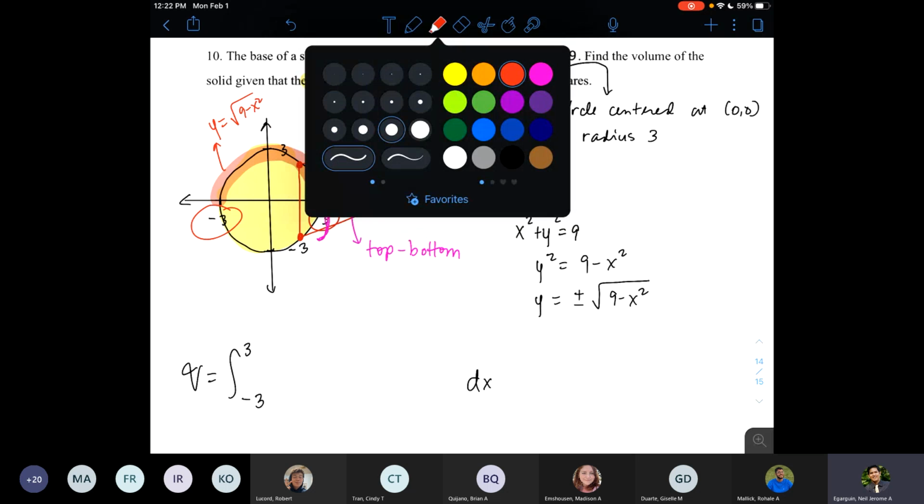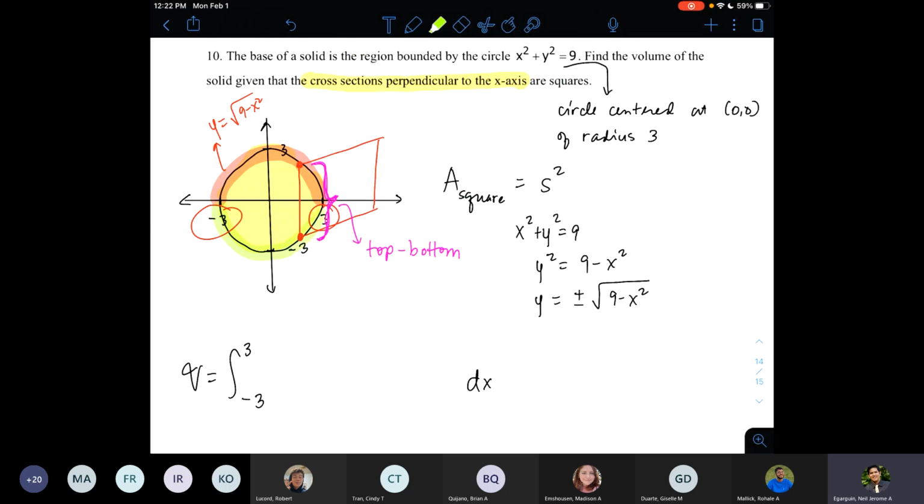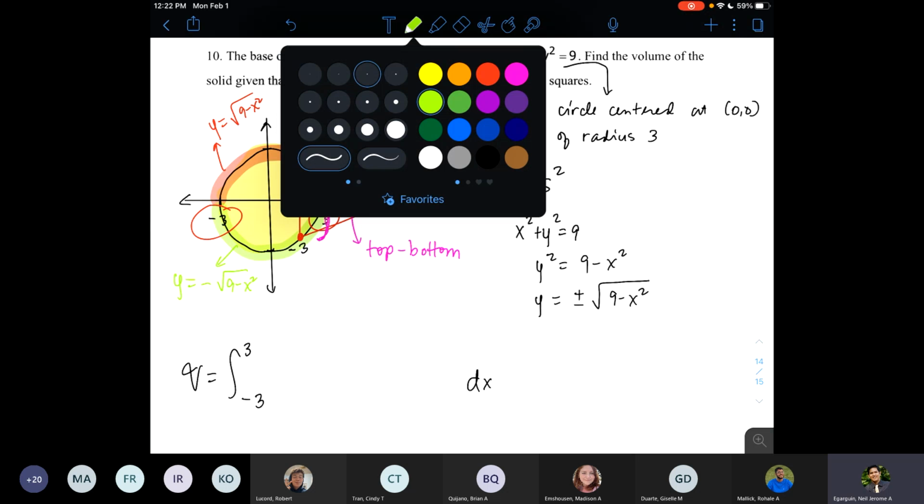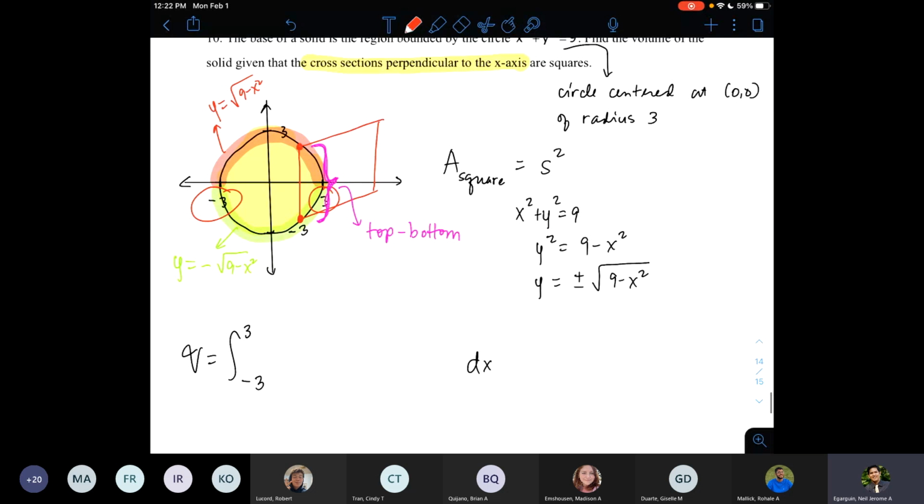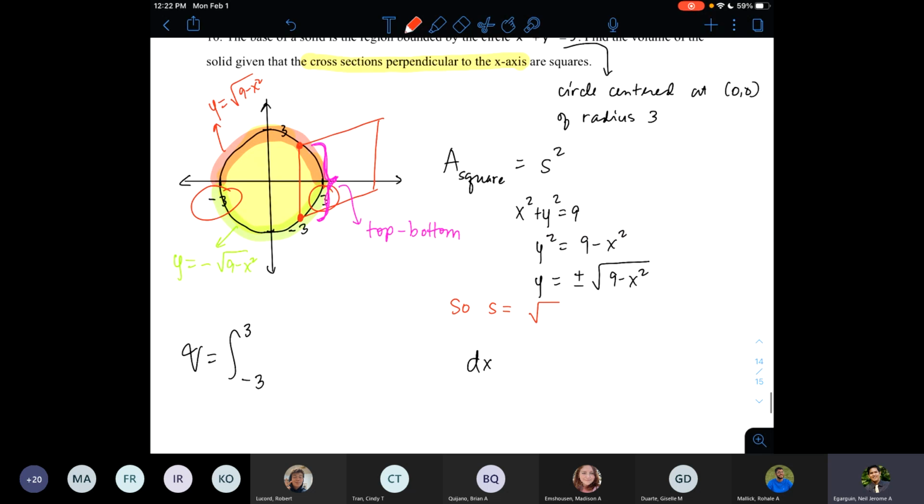And the bottom half of the circle, this guy, has equation y equals negative root of 9 minus x squared. So that means s, the side length, would be the top function minus the bottom function. So that will be root of 9 minus x squared minus negative root of 9 minus x squared, which is twice the root of 9 minus x squared.